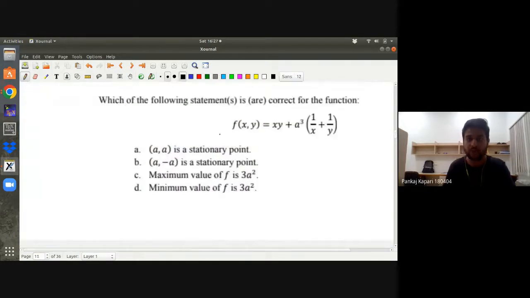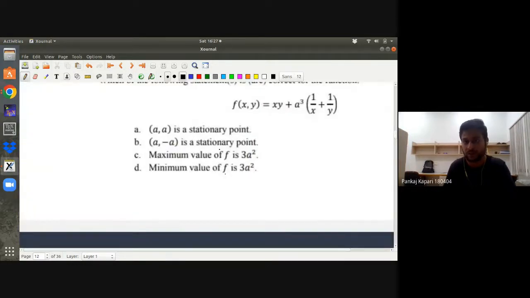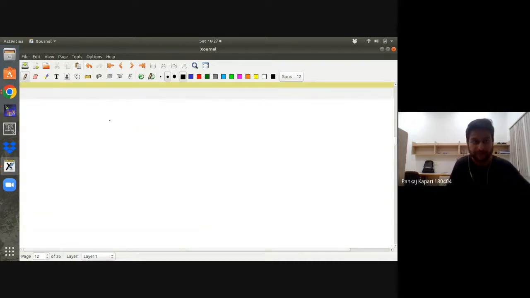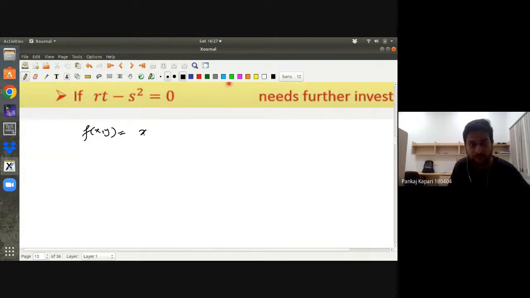Okay, so in this particular problem, we will apply this derivative test, and for that, first we have to find the critical values. So what is our function? The function is f(x, y) equal to xy plus a cube times (1 over x plus 1 over y), right?